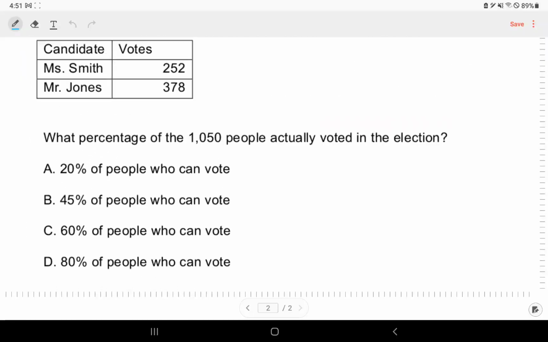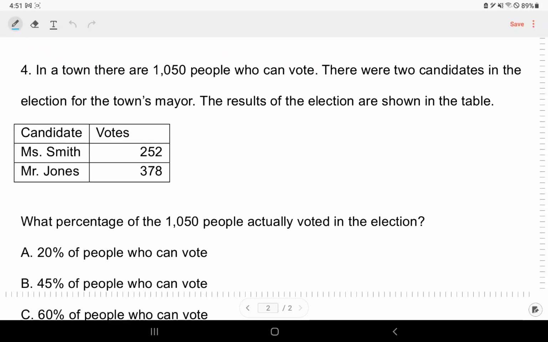Well, we start with adding these numbers. Well, 8 and 2 is 10, carry 1. 5 and 7 is 12, and 1 is 13, carry 1. 5 and 6, so that's 630 over 1050.